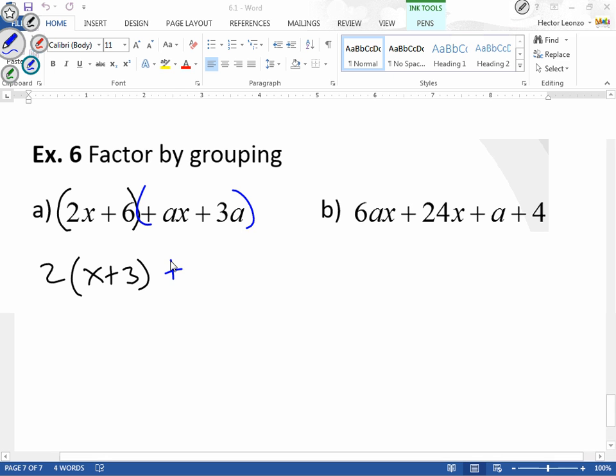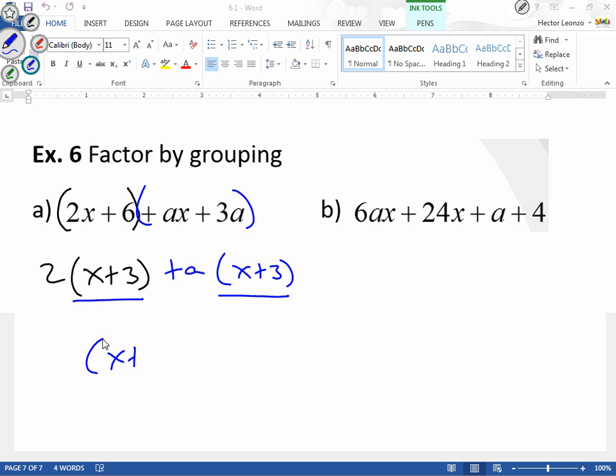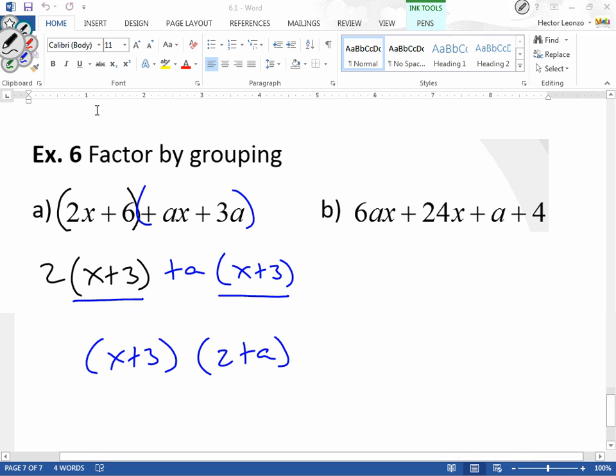I can factor a out of each, and when I divide both of them by a, I'm going to have x plus 3. I notice that my parentheses are common. It's the same thing. So one of my factors is x plus 3, and my other factor is going to be 2 plus a. So factoring by grouping is really nice because we can do it when we have four terms.